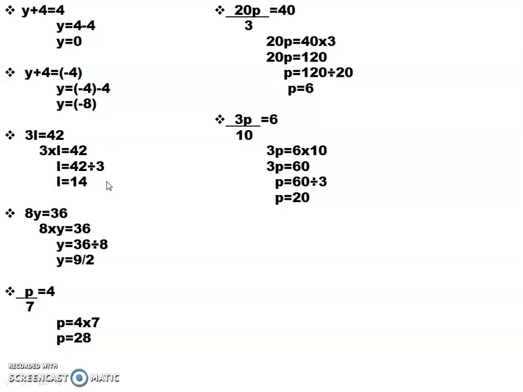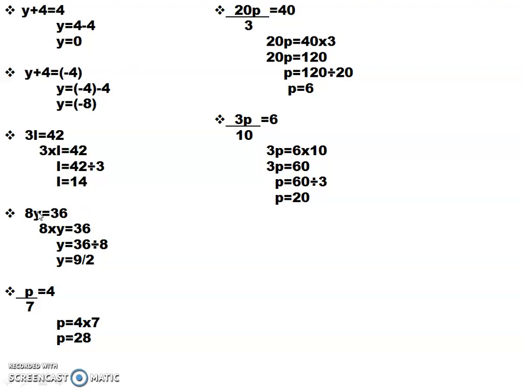So, what did you learn from here? When multiplication is moving to the other side, it becomes division. So, L is equal to 42 divided by 3. What is 42 divided by 3? It is 14. So L equal to 14.